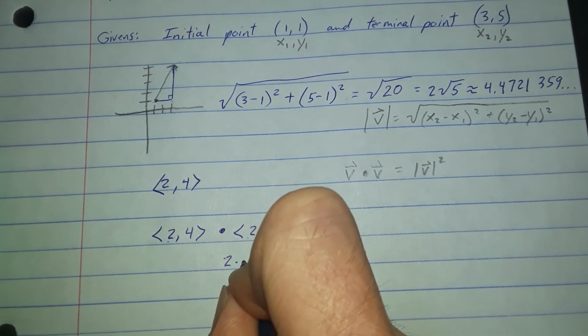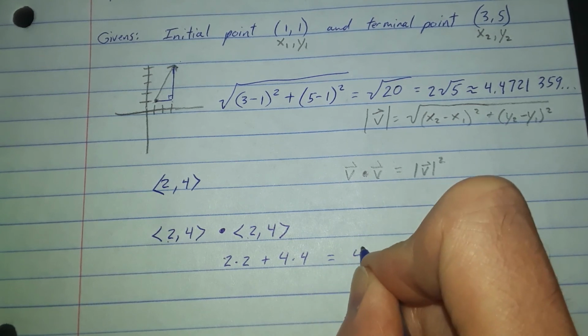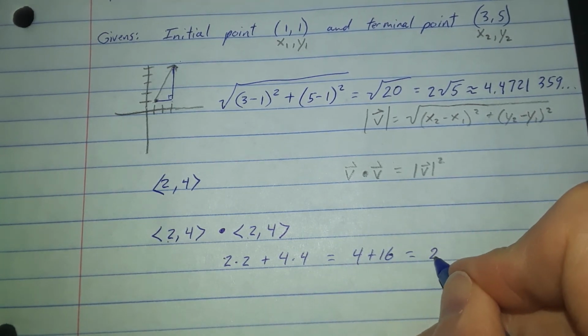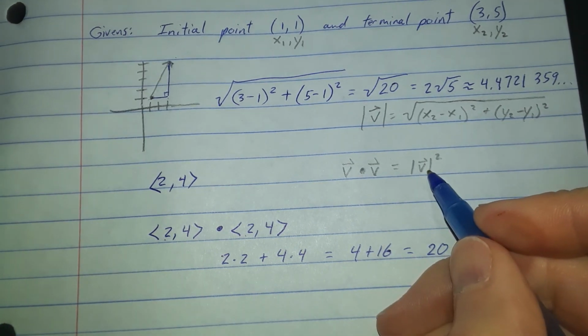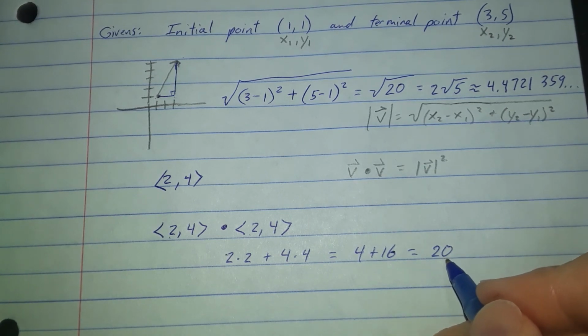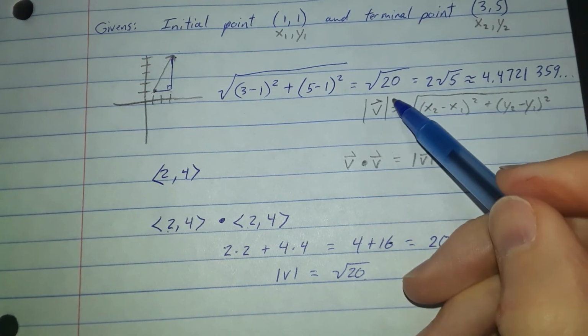So 2 times 2 plus 4 times 4 is going to give me 4 plus 16, and that's 20. So this is the square of the magnitude according to this rule. So I need to take the square root of this to know what the magnitude is, and this is exactly what we had up here.